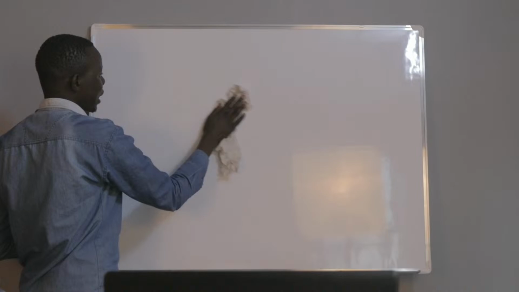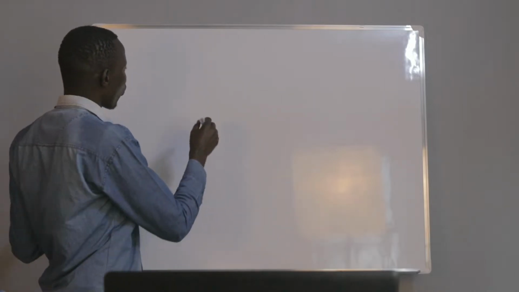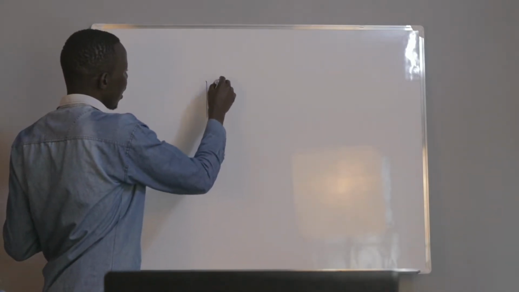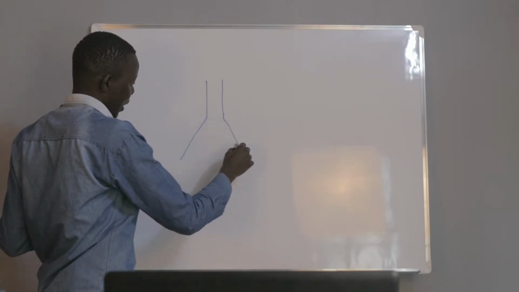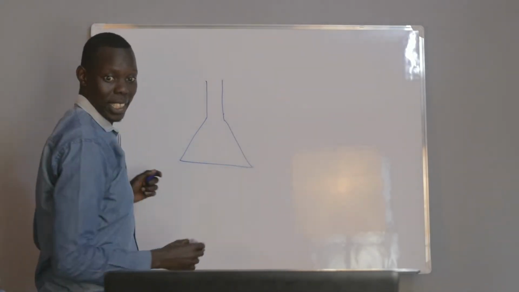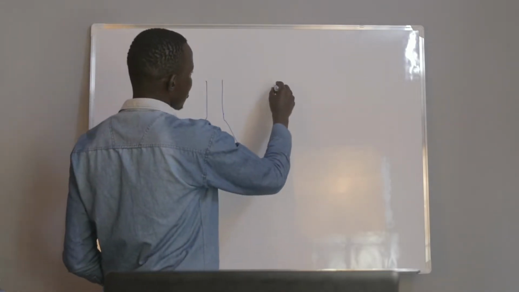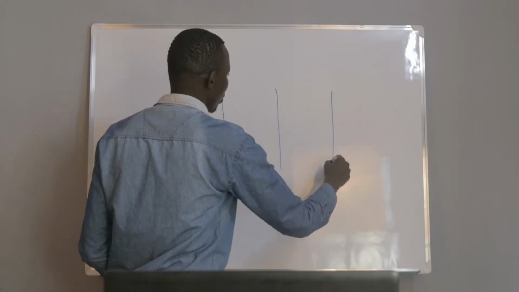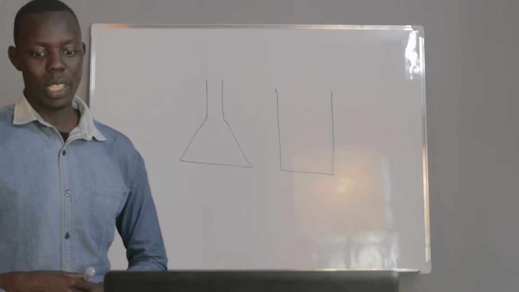I need somebody who will answer me this question. When collecting the distillate, we always use a narrow neck container or flask. In most cases, conical flask. Why don't we use a beaker like this to collect the distillate?